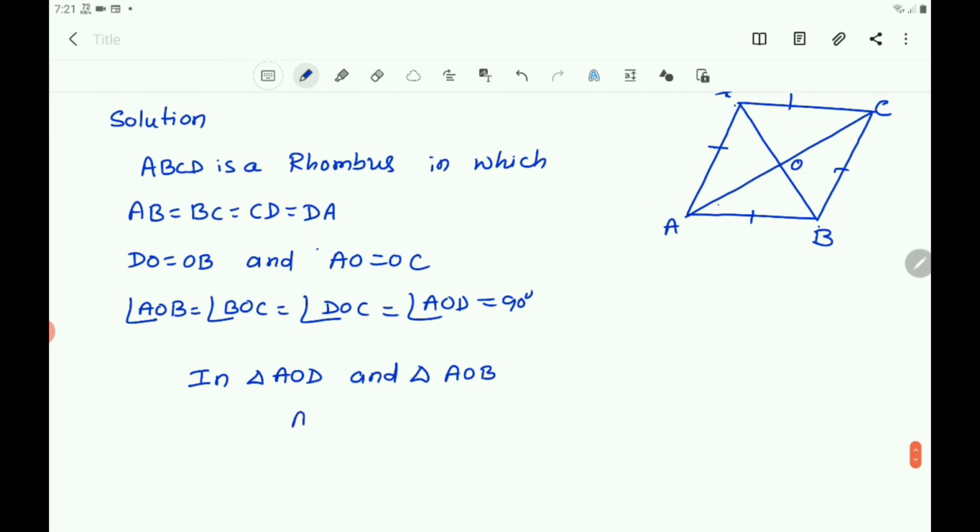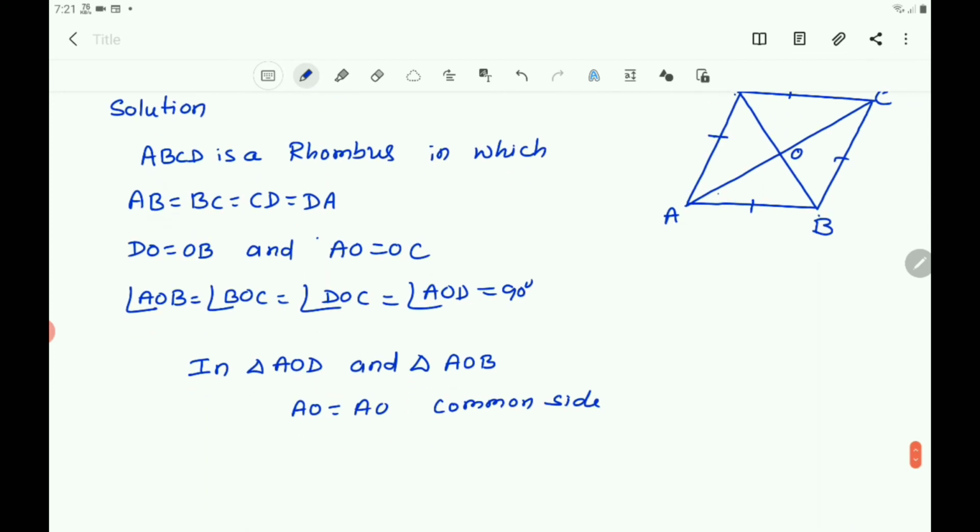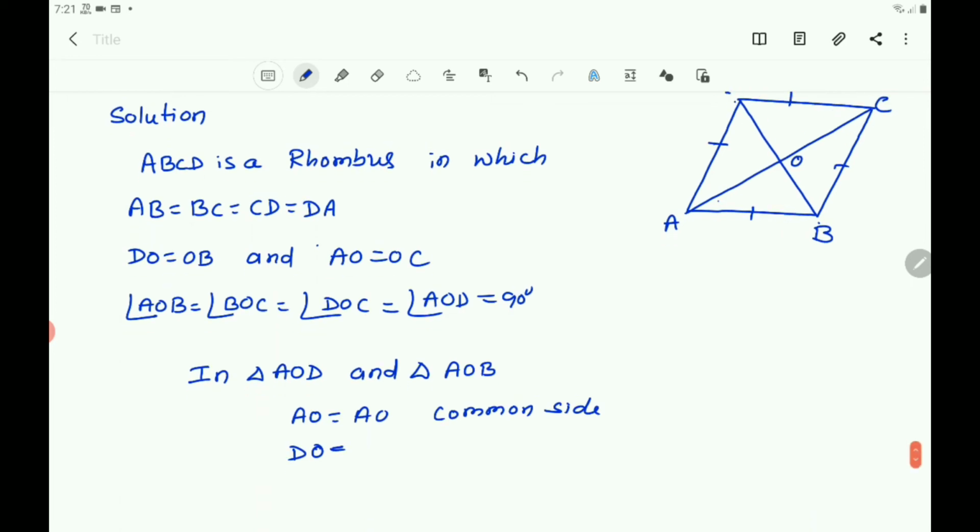Write AO equals AO, common side, and DO equals BO, given, because diagonals bisect each other.